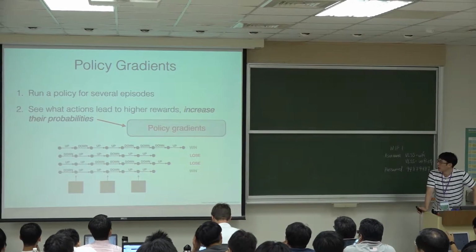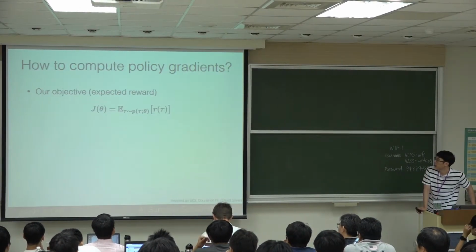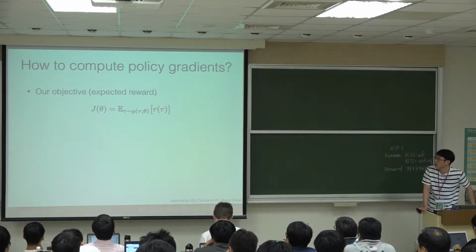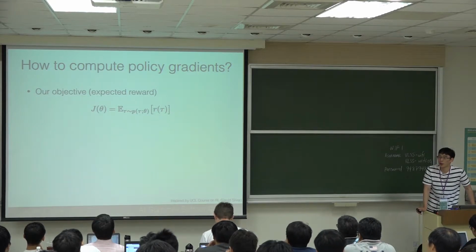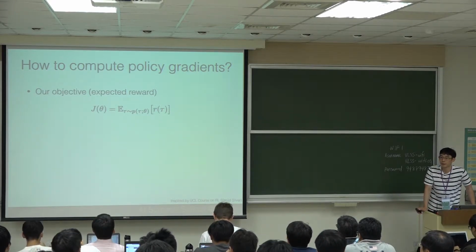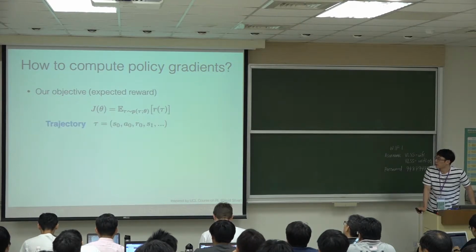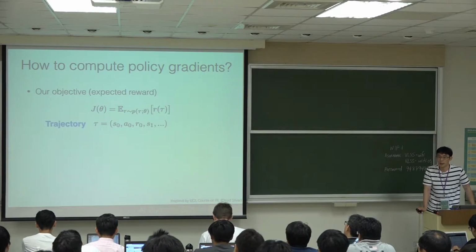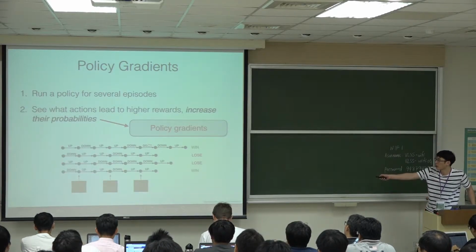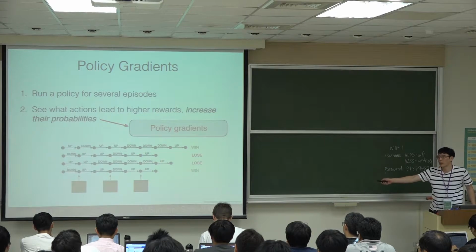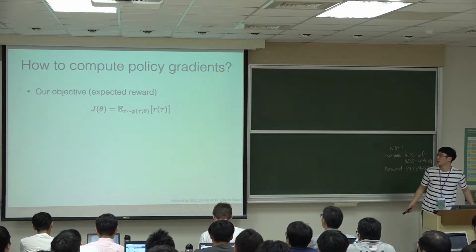So more formally, remember this equation, which is the expected return of total reward of the current parameter theta, given the trajectory. You created this trajectory by sampling, for example, up, down, down, down, up. That's one trajectory, okay?